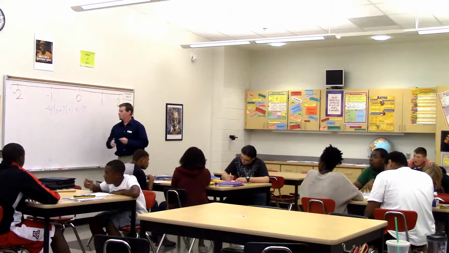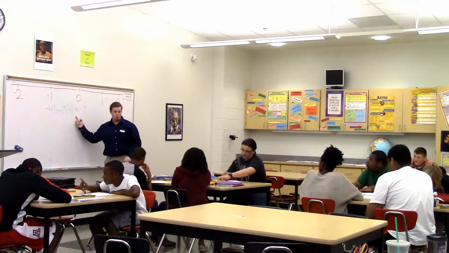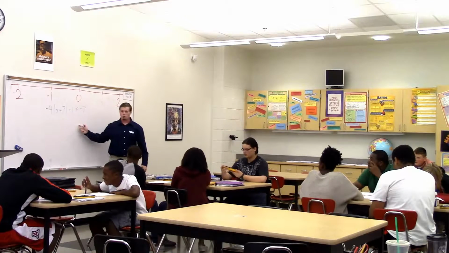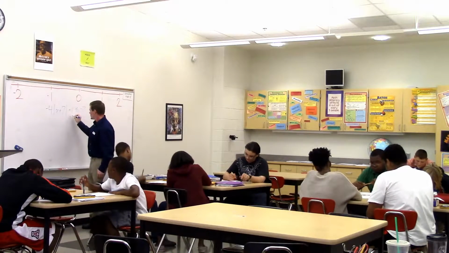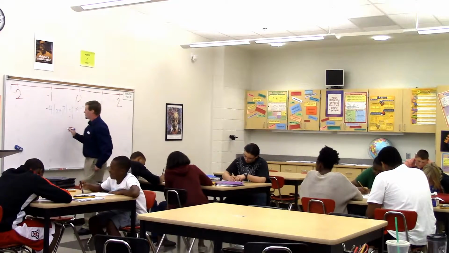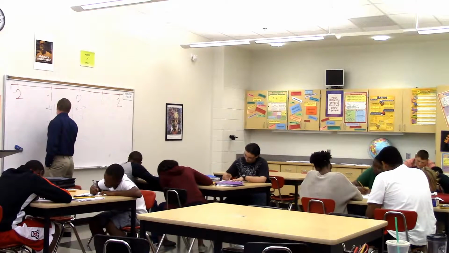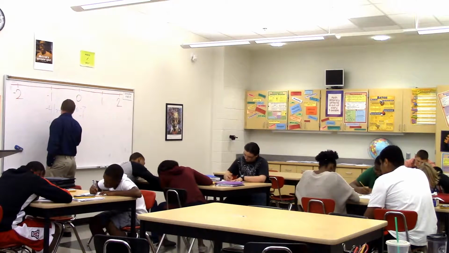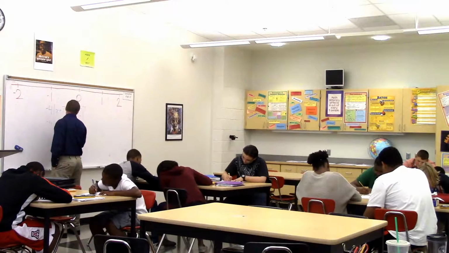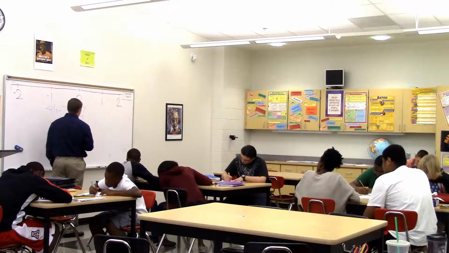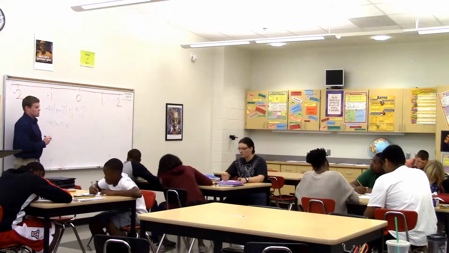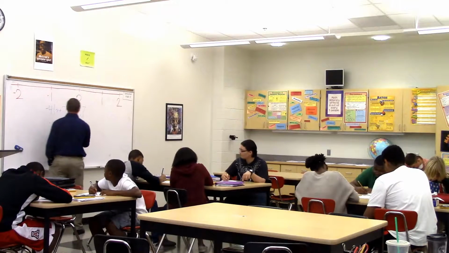Okay, so how do we go about solving this? What do we do first? Subtract 1. Alright, so we get -4 times the absolute value of x plus 7 is less than or equal to, what's -7 minus 1? -8. Alright, very good.